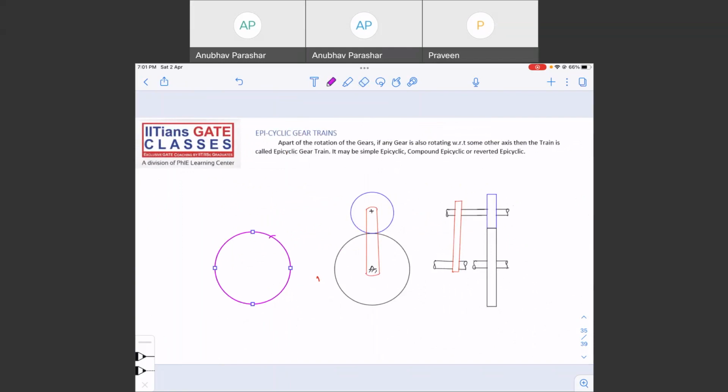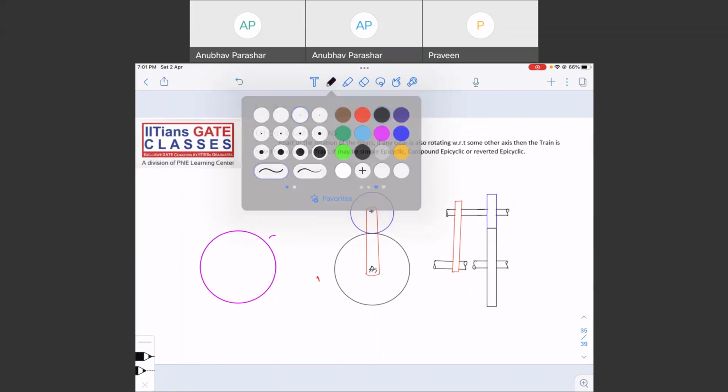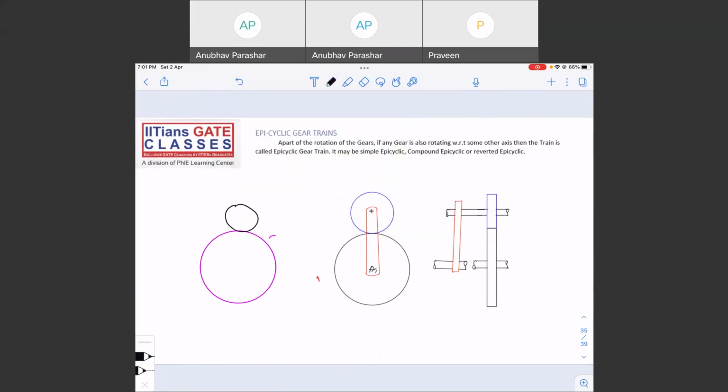This is the sun gear in the middle. There can be more than one planet gear, in fact. It is not necessary that there is only one planet gear.